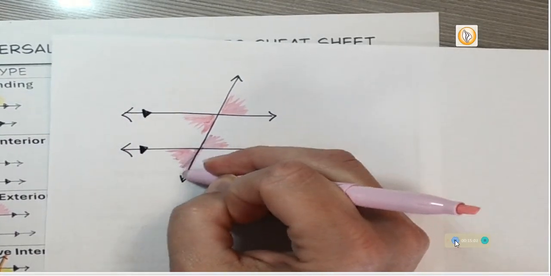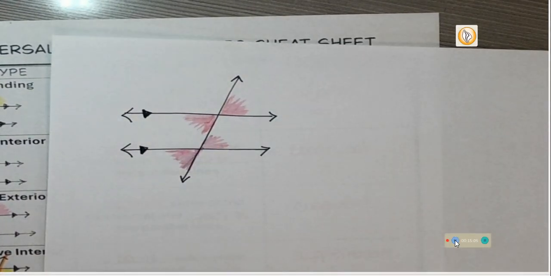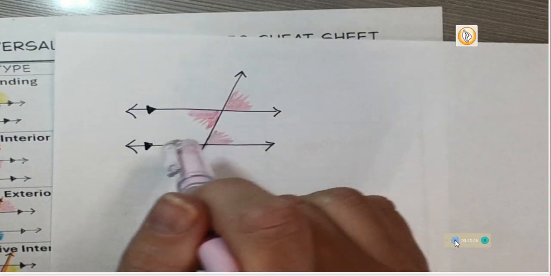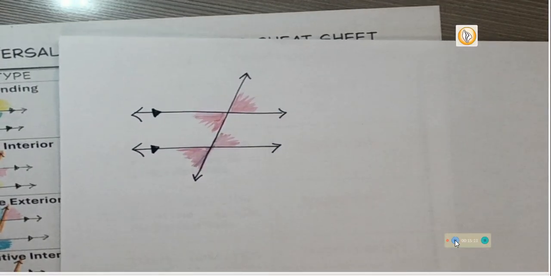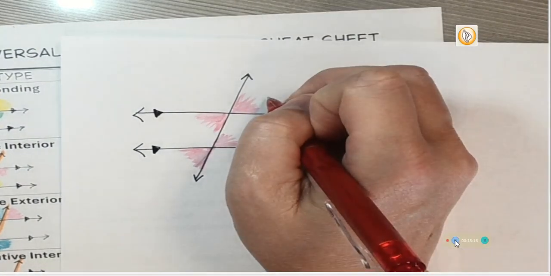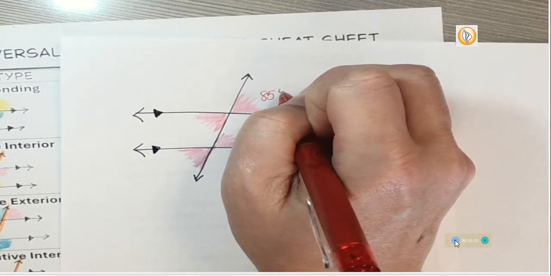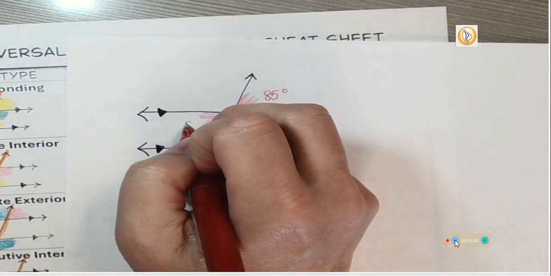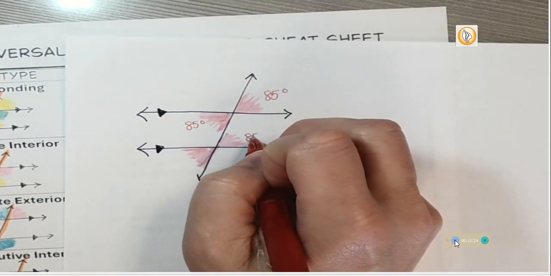I call that zigzag because I find my transversal and I zigzag, I just jump zigzag style across. So if all of those are equal, if I tell you this one is 85 degrees, what can you tell me about the other pink angles? They're all 85 degrees.